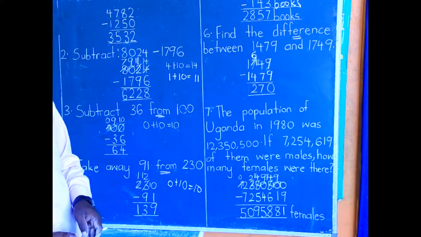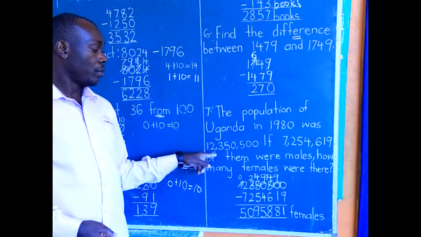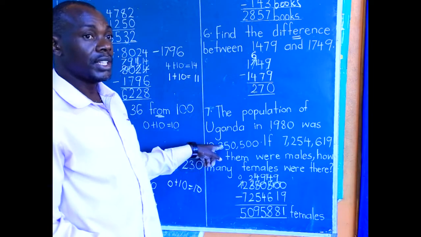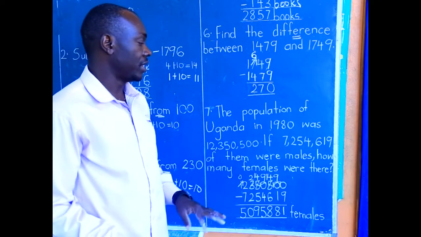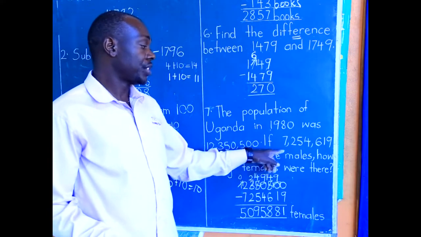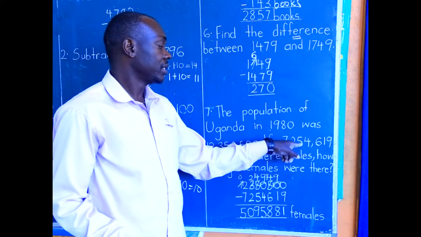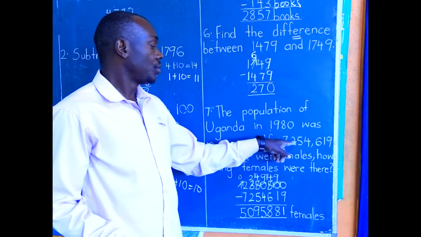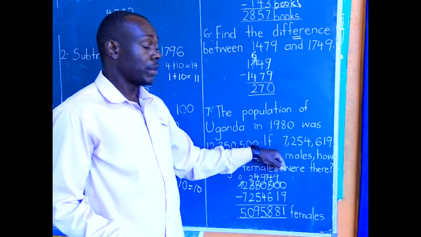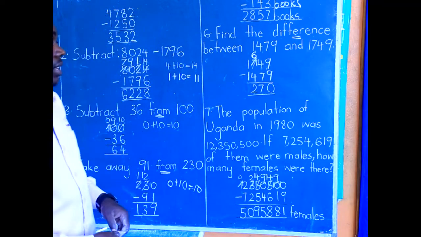You will learn that this was the total population, which was 12,350,500 then. And that time, the male population was 7,254,619.